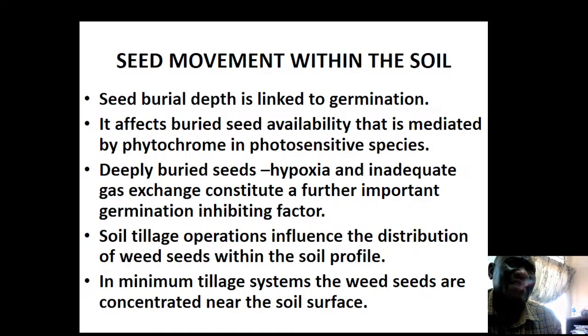Soil tillage operations can also influence the distribution of weed seeds, but within the soil profile, this is very limited movement. In minimum tillage systems, we have the weed seeds which are concentrated near the soil surface.